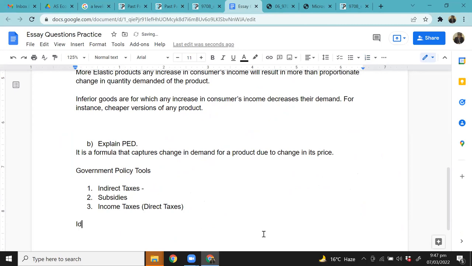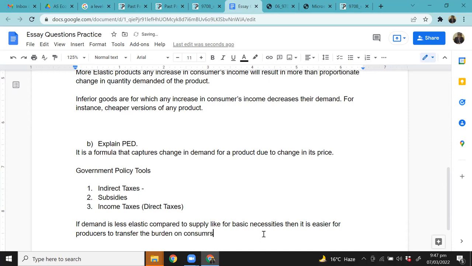Let's do it like this. If demand is less elastic compared to supply, like for basic necessities, then it is easier for producers to transfer the burden on consumers, and vice versa.